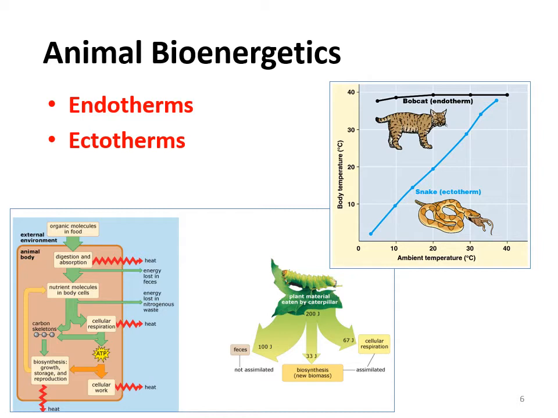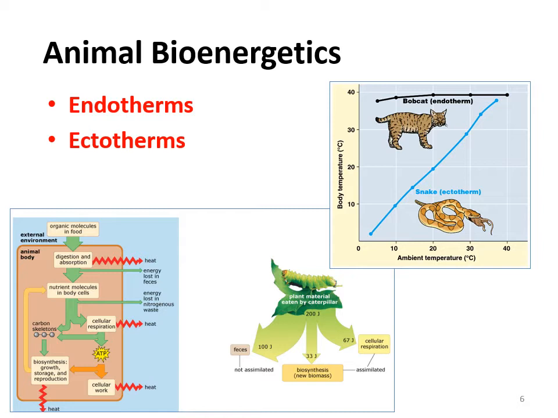And what's a great example of an endotherm? You, right? You and me, humans, we're endotherms. We have a relatively constant body temperature, and we know if something's wrong with us in terms of health if that body temperature is suddenly not staying stable and regulated.